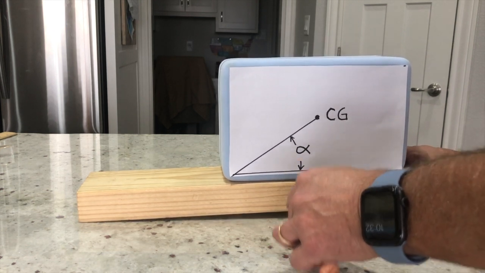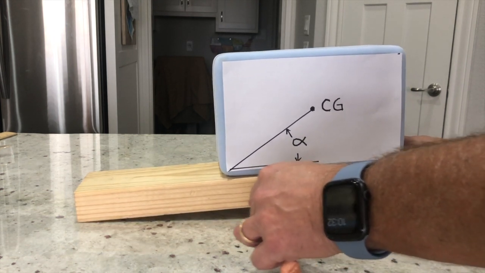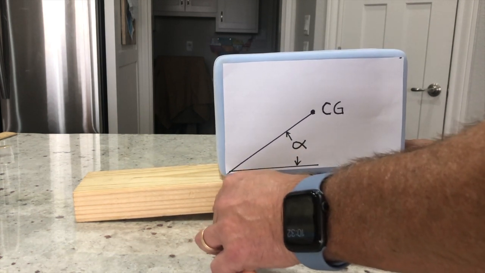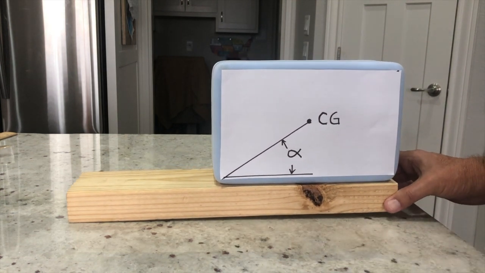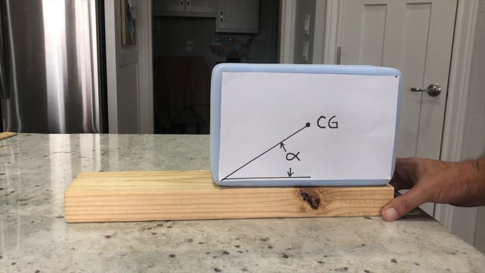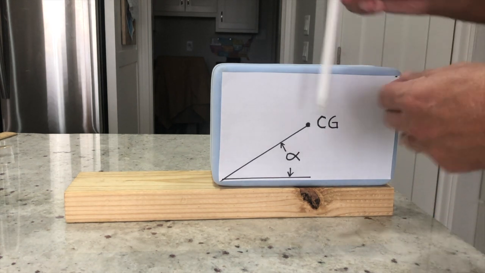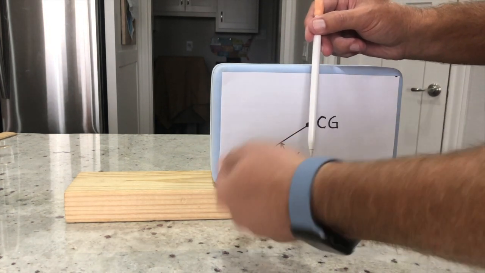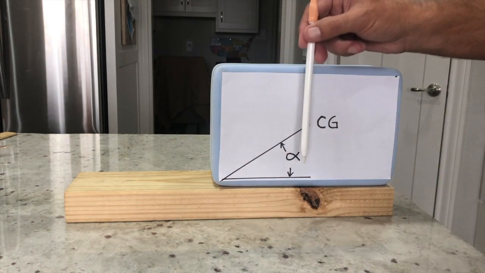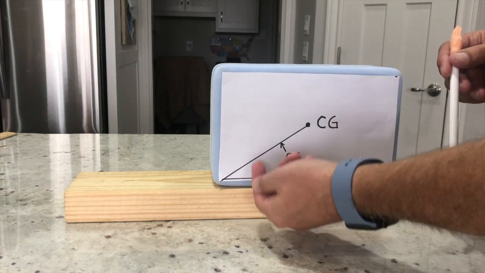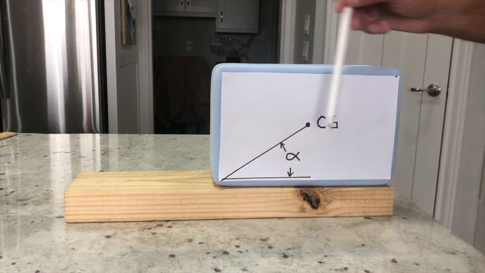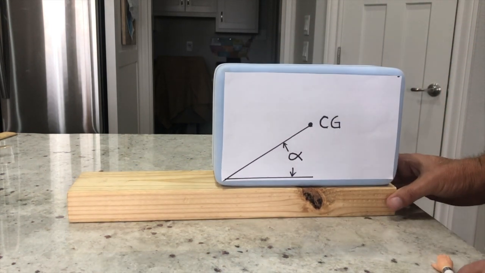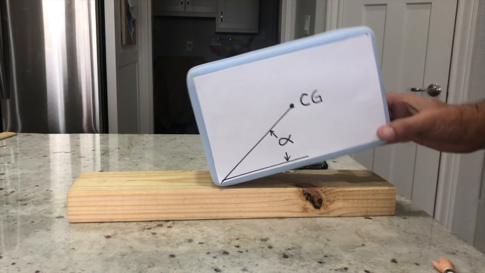As I raise this a little bit, it moves over a little bit. And as I get closer and closer to the tip, the effective normal force is getting closer and closer to this edge. If you think about sum of moments, the weight force is moving down this way, and it's creating a moment that's moving counterclockwise, and the normal force that's acting up is counteracting that moment, so the moments are zero.